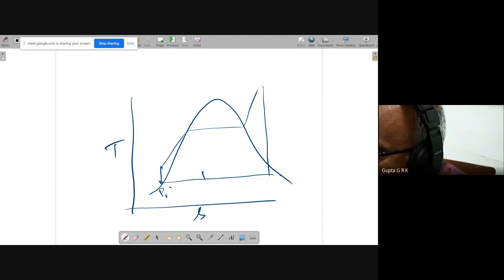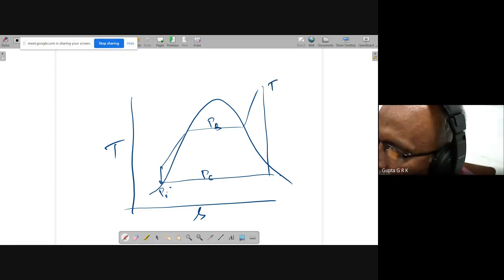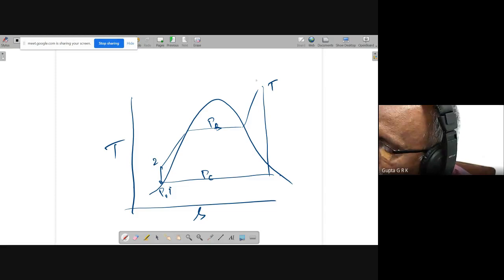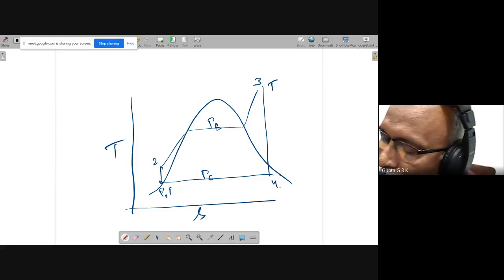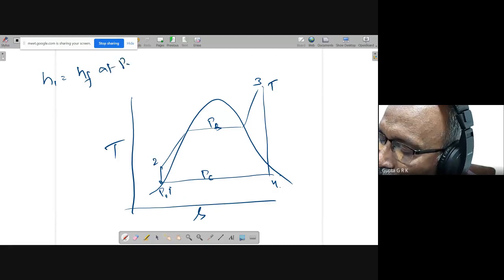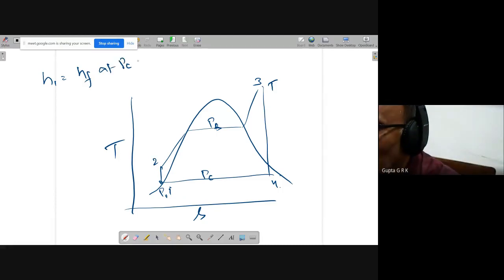You will be given the pressure of the condenser and pressure of the boiler, and this temperature will be given to you. So this is 1, this is 2, this is 3, this is 4. So H1 is equal to HF at condenser pressure. So 1 I got.